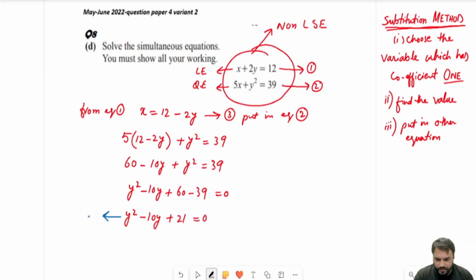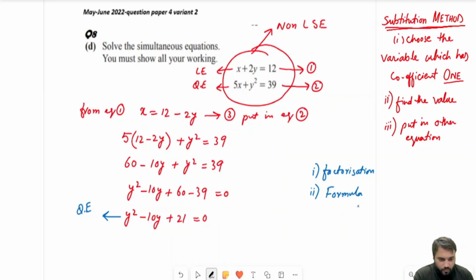This is a quadratic equation. And how to solve a quadratic equation? A quadratic equation has 3 methods to solve. Number 1, factorization. It is the easiest one, I find it easy. Number 2, quadratic formula. I'm going to write the quadratic formula according to the equation.